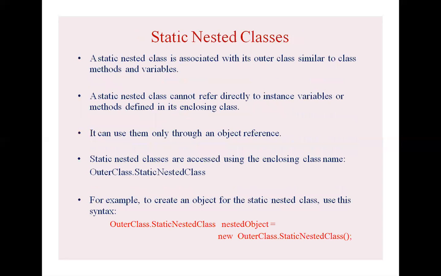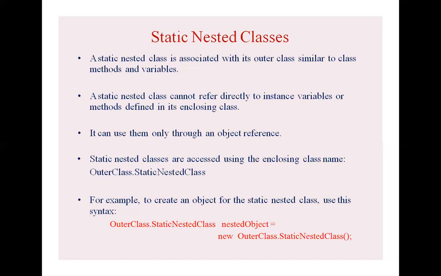Static nested classes. A static nested class is associated with its outer class, similar to class methods and variables. A static nested class cannot refer directly to instance variables or methods defined in its enclosing class. It can use them only through an object reference.